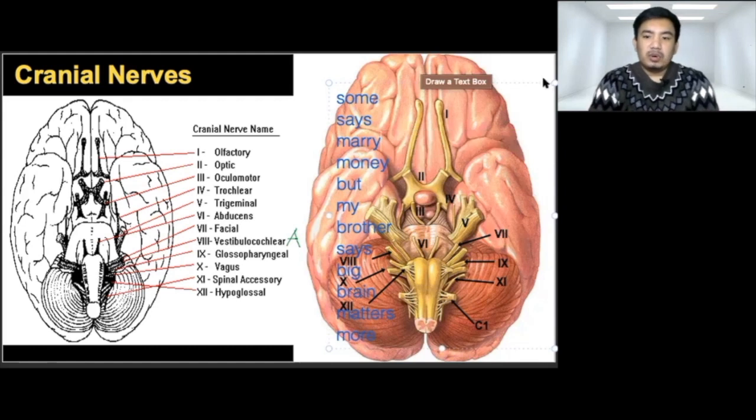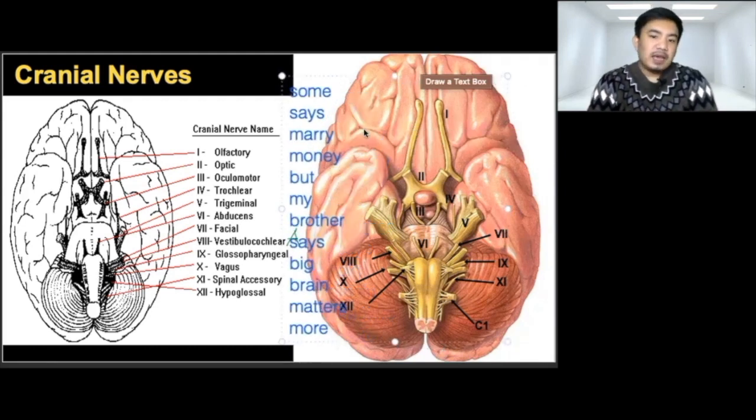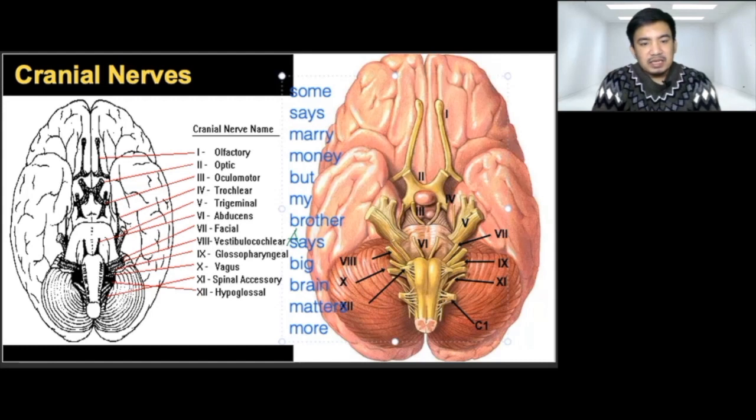Some says marry money, but my brother says big brain matter most. If it's S, it means it is sensory. If it's M, it is motor. If it's B, it is both sensory and motor.